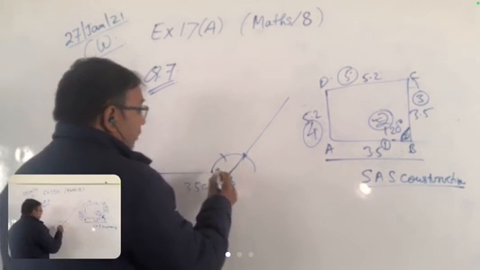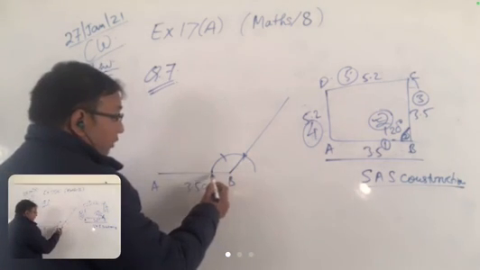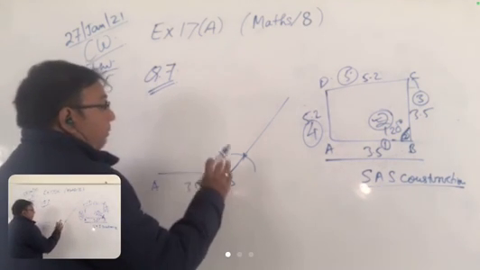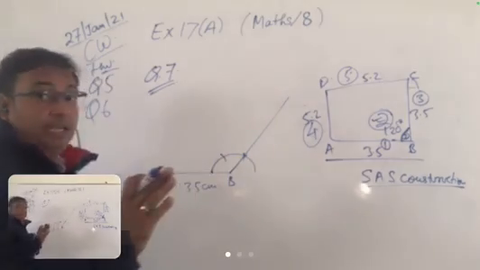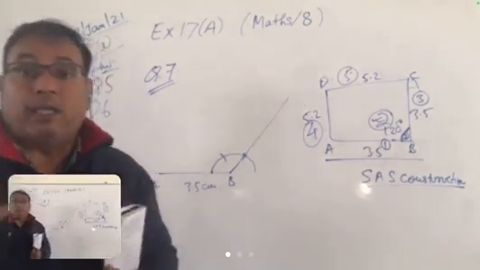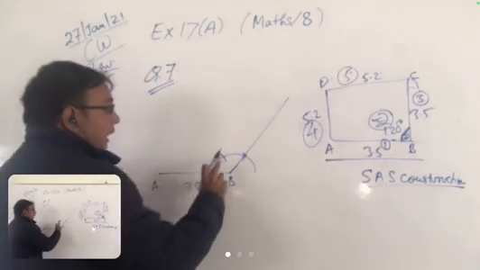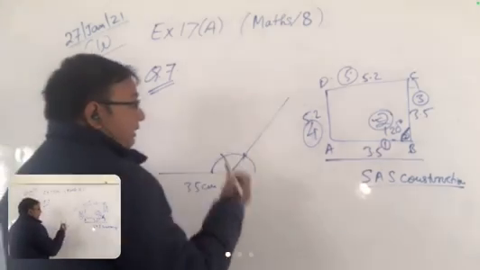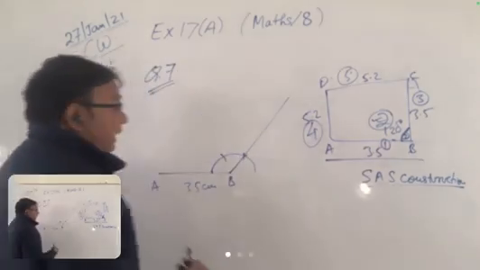Then you take a point on AB. Put a compass here without changing the radius. जितना semicircle बनाया है उतना ही compass को रखना है, disturb नहीं करना है. And put the first arc and then double it. First is 60 degree and the second is 120 degree.